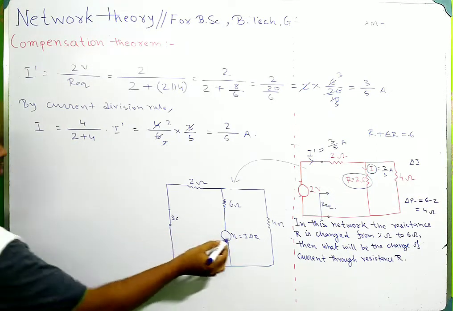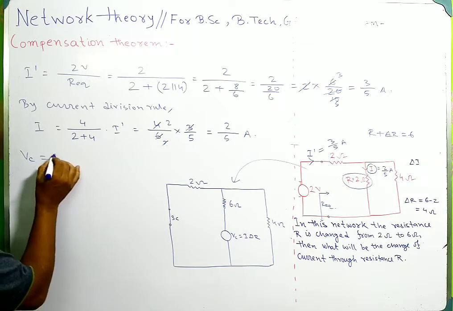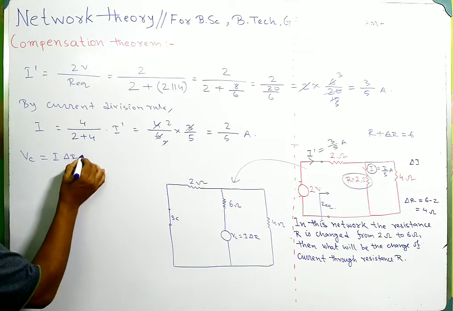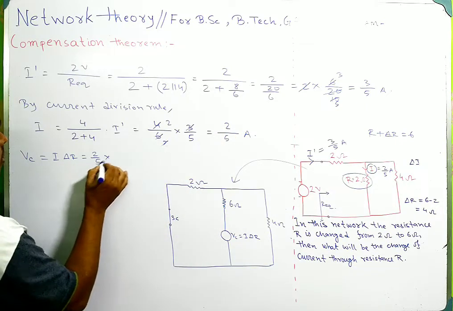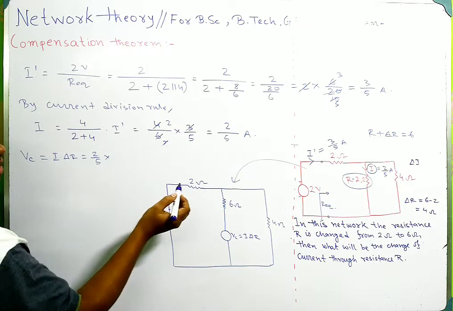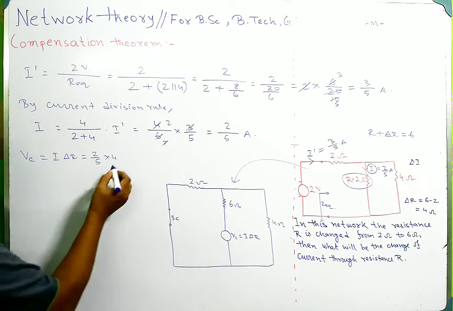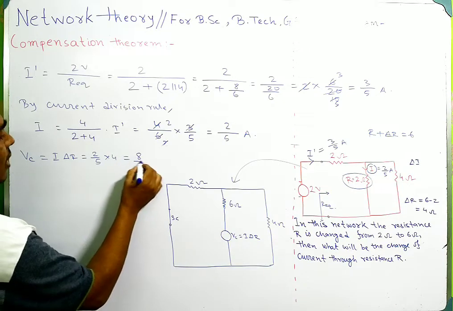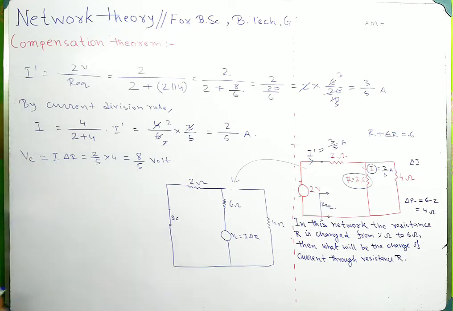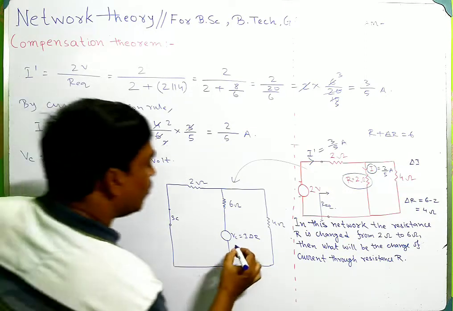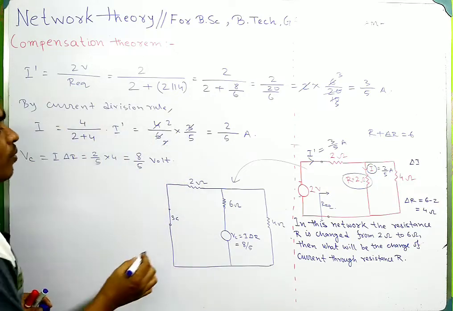So what is the amount of Vc? Vc is given by I into del R. So I is 2 by 5, multiplied by the change in resistance, which is 4, so it will be 8 by 5 volt.